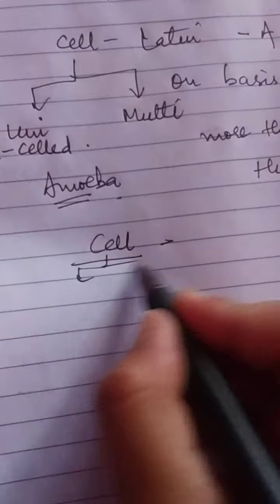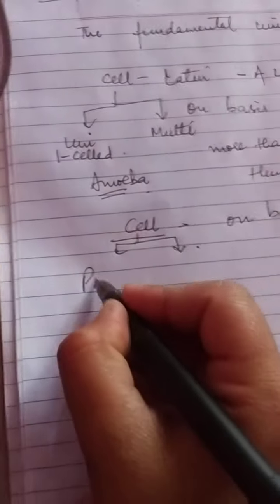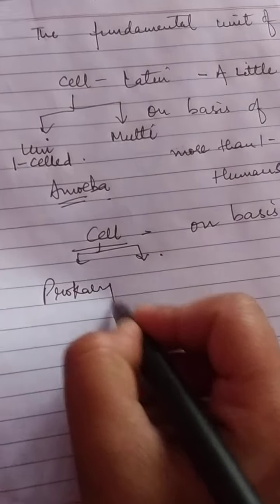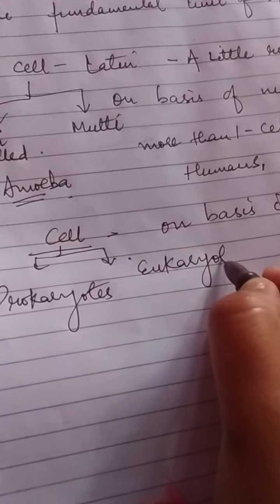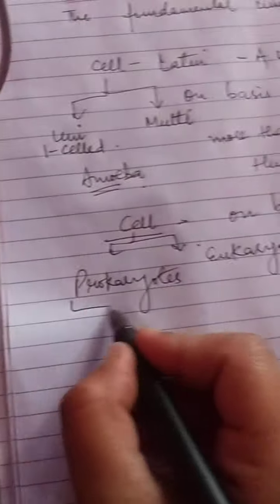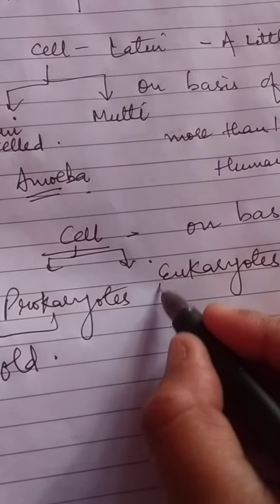Correct? Cells are again divided into two categories on the basis of their structure. They are prokaryotes and eukaryotes. A simple way to learn: pro means old, previous cells.